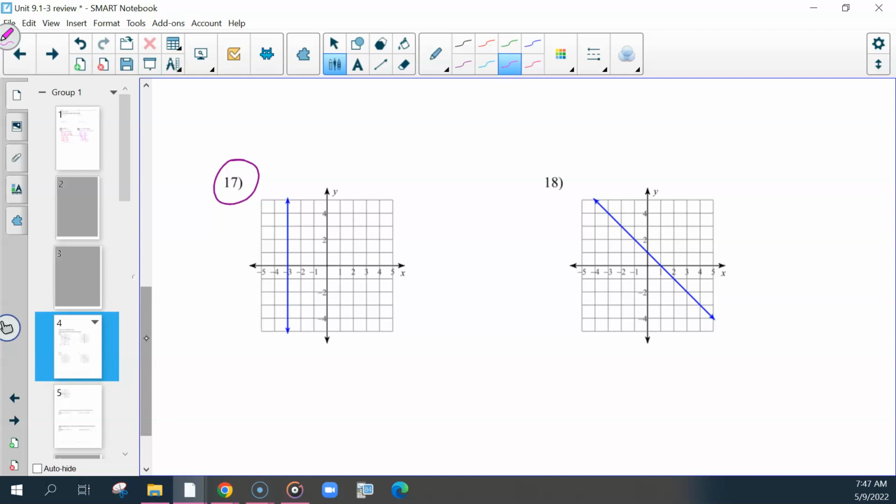And if you don't remember, write it somewhere in your toy box. That way you know that vertical lines should be x equals. And then you're going to find where this crosses your x-axis, which would be where? Negative 3. So x equals negative 3 would be our equation. Questions on that?